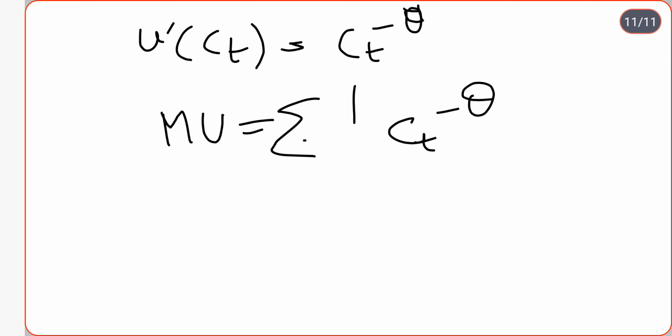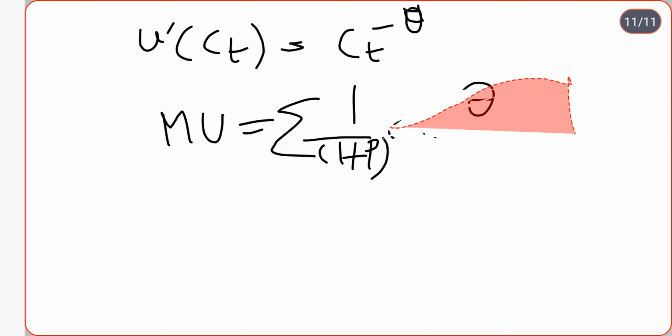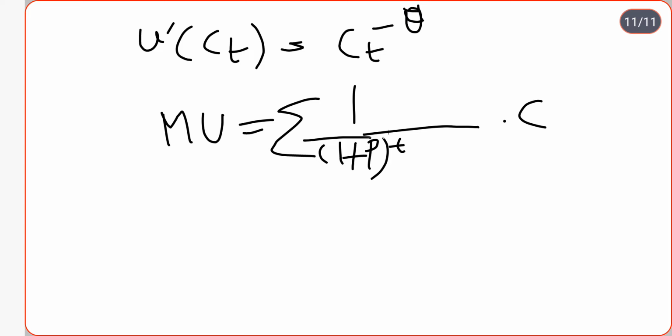So for taking the discount, we will multiply it by 1 by 1 plus rho to the power t, multiplied by Ct to the power minus theta.